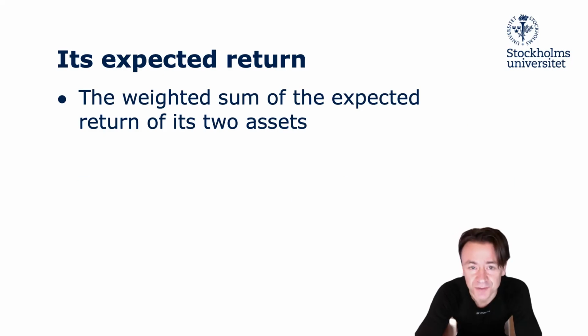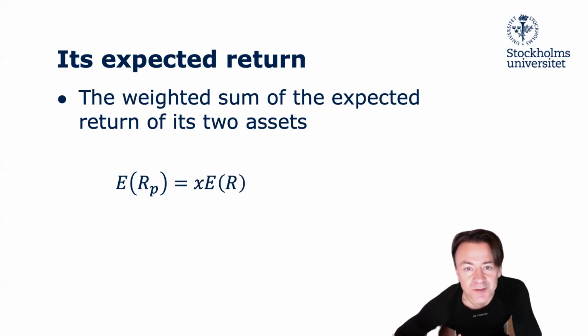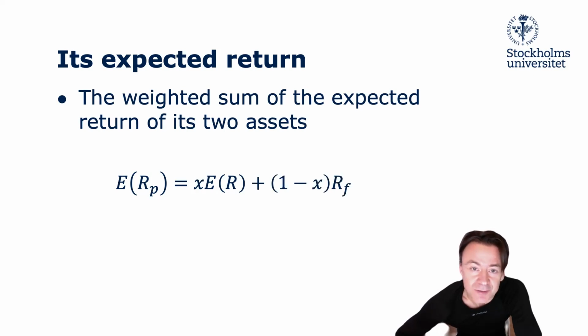Its expected return, let's call it E(R_P) where P is for portfolio, is the weighted sum of the expected returns of these two assets. It is equal to the weight on the risky asset times the expected return of the risky asset, plus the weight on the risk-free asset times the risk-free rate, the interest rate.